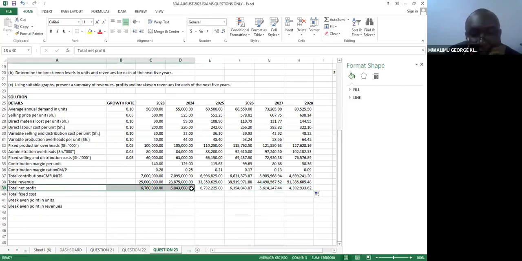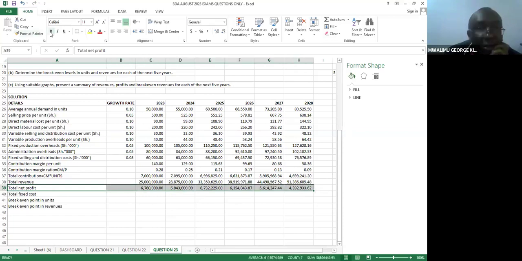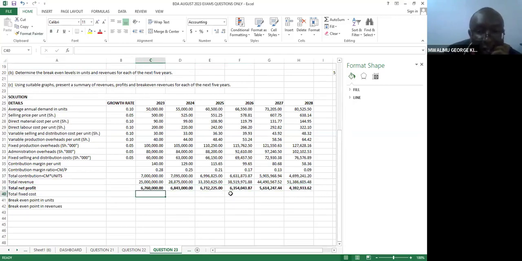It is a major figure, the major result. Okay. Today my mouse is misbehaving. Okay, we are at total fixed costs.